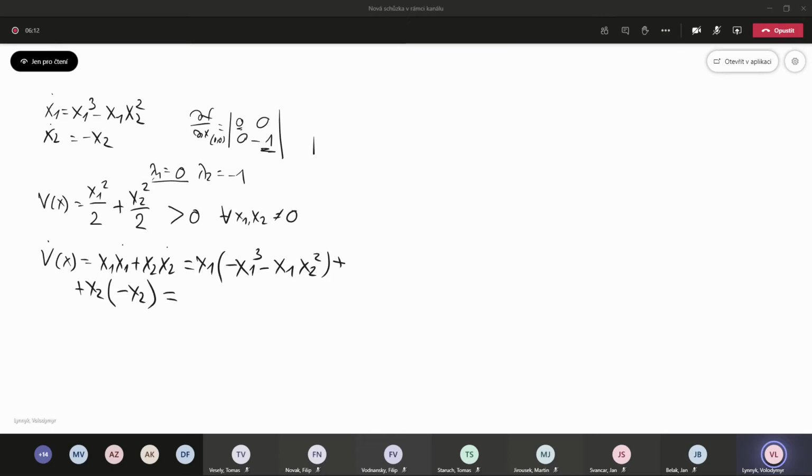It's equal to minus x1 to the fourth degree minus x1 squared x2 squared minus x2 squared, and it's less than 0 for all x1, x2 not equal to 0. Then this system is globally asymptotically stable. Any question?